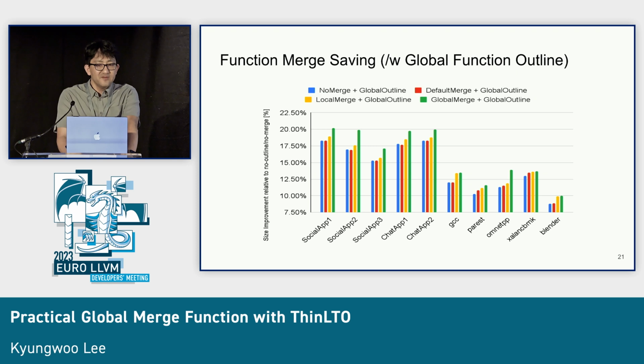The effectiveness of the function merger tends to be diminished, but the global function merger still produces a significant size improvement, up to over 3.5%. We also observe that the global function merger has only a marginal effect on the small SPEC CPU benchmarks, except on that one, I think.